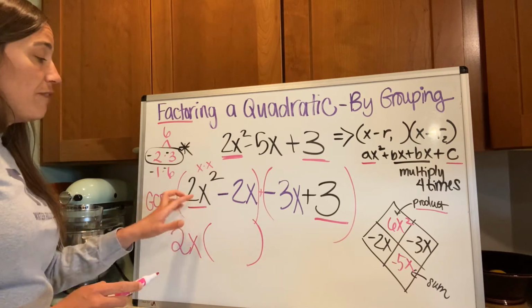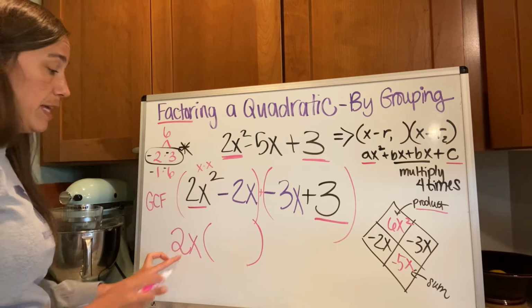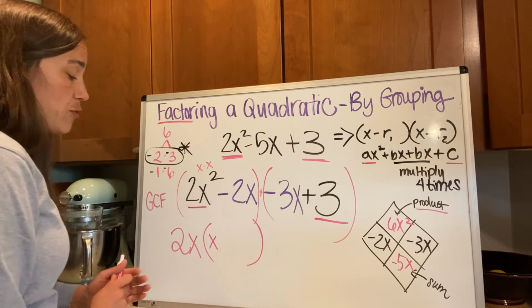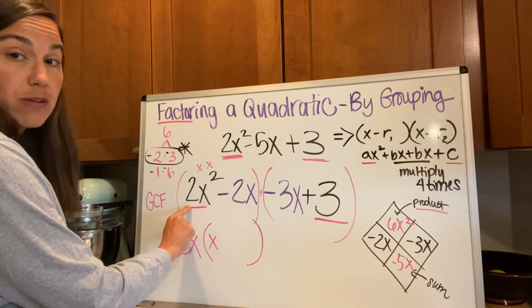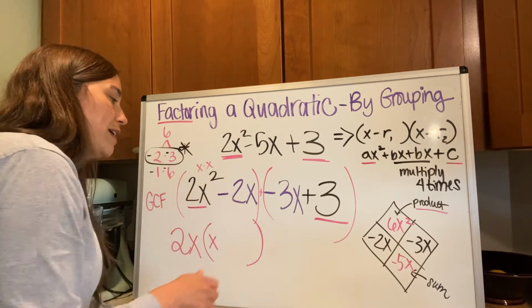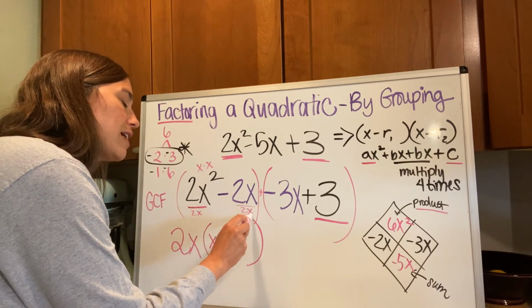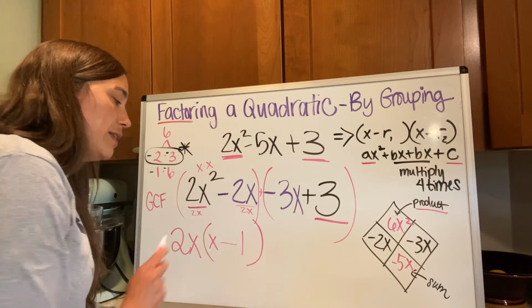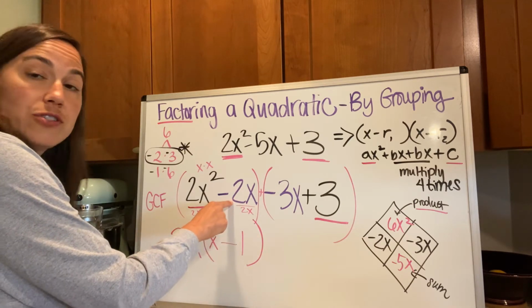If I do 2x squared and take 2x away from it, I'm going to have 1x left. Remember, my final result, if I multiply 2x times x, I should get 2x squared. It's a good way to check. And then if I take 2x away from this, it's kind of like I'm dividing both of these by that outside greatest common factor. I would have negative 1 left over. So again, 2x times negative 1 is negative 2x.